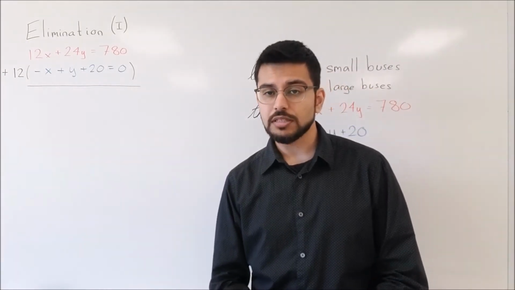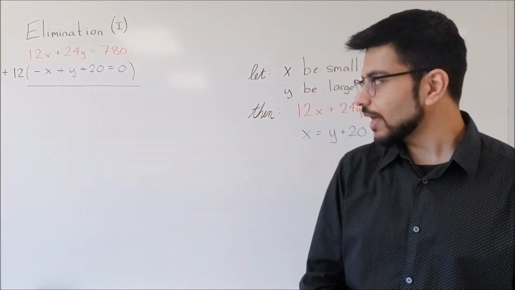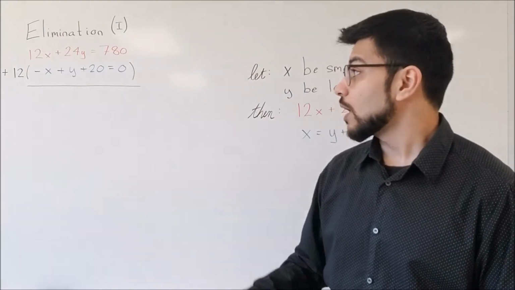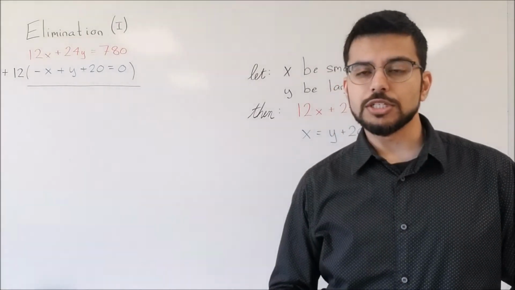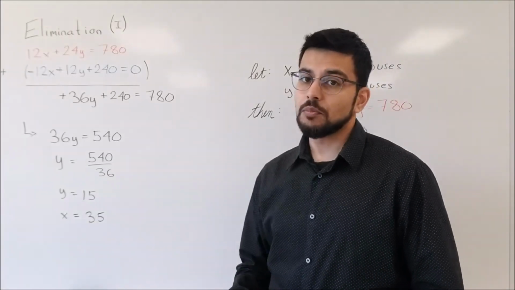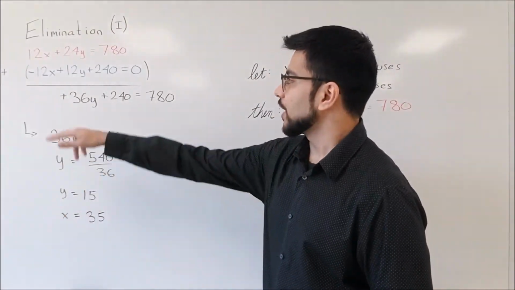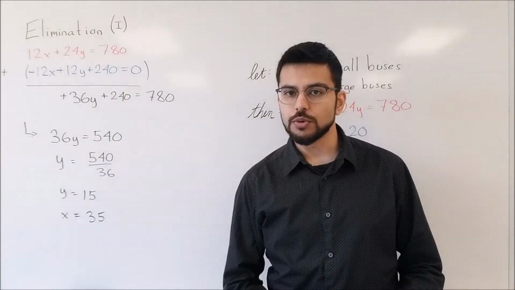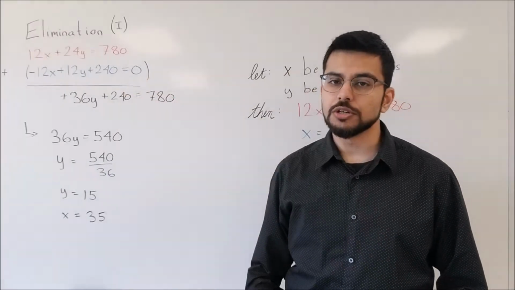Looks a lot more complicated than substitution, and it kind of does feel like that, but we get a much nicer solution doing it this way. So I'm going to multiply that 12 into the blue equation, and then we'll do the math with that. Okay, so now that I've multiplied that 12 into my equation, I have negative 12x plus 12y plus 240, and 12 times 0 is 0.